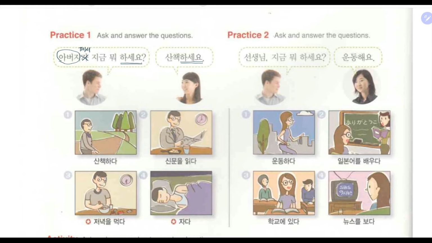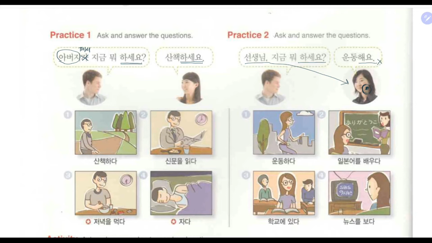How about this case, practice 2? 선생님, 지금 뭐 하세요? She answers, 운동해요. What's the difference? In this case, she didn't use honorific form here. Why? She is talking about herself, isn't it?